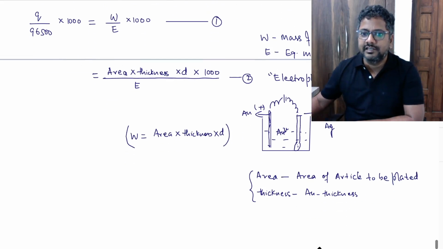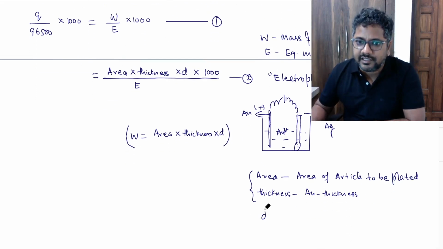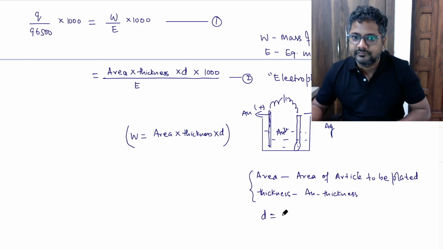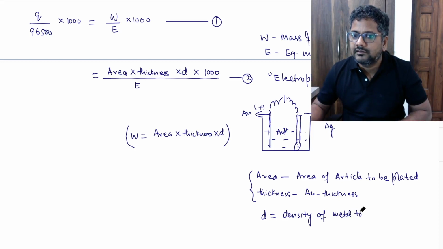And what is D here? D is the density of the metal to be plated.